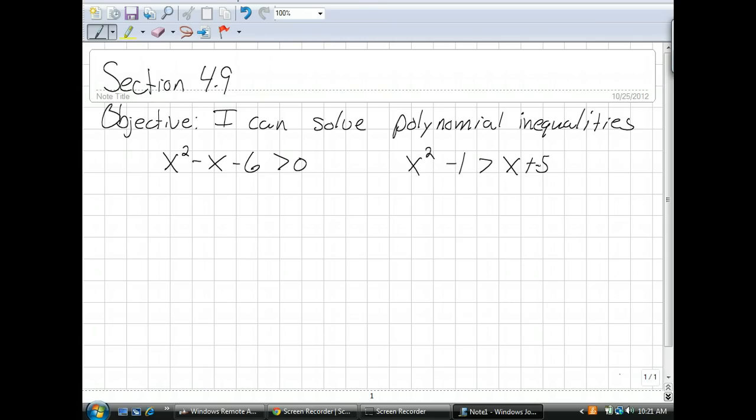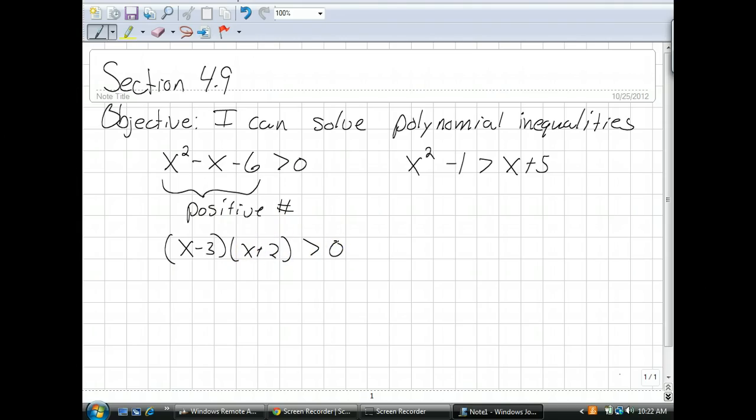And so if we think about this, we are saying that this side has to be greater than 0. So we're saying that it must be a positive number. And we remember that we can factor that polynomial, and we know that it will factor to x minus 3, x plus 2.